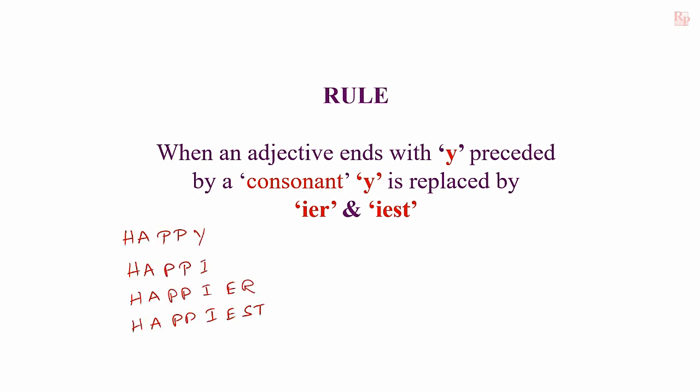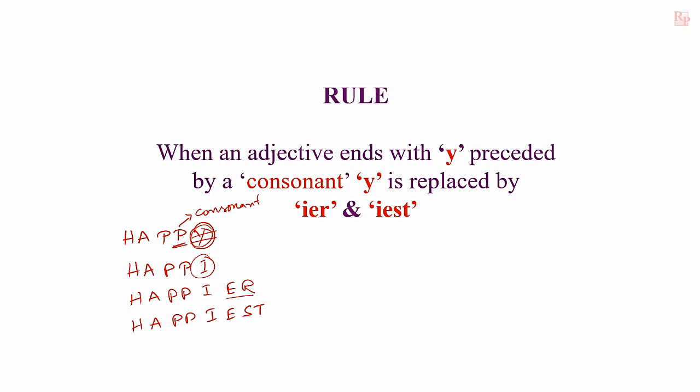This word happy ends with the letter Y, and it is preceded by a consonant, that is P. When an adjective is like this, you have to remove this Y and add I in that place, and then just add ER and EST to make it comparative and superlative.